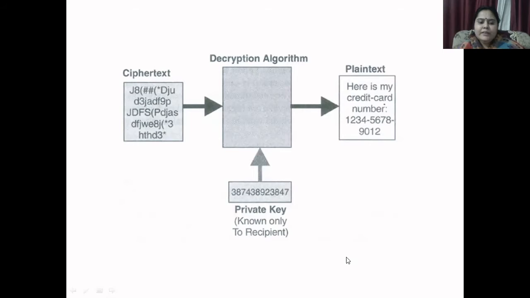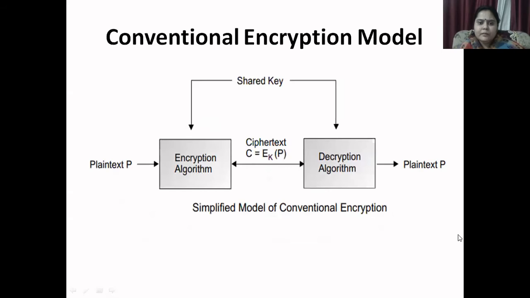Now, we see the conventional encryption model. In this model, plain text is converted to ciphertext with the encryption algorithm, and with the decryption algorithm the ciphertext is converted back to plain text.